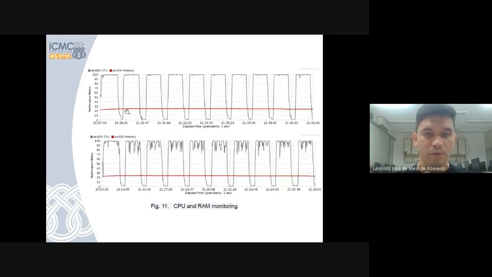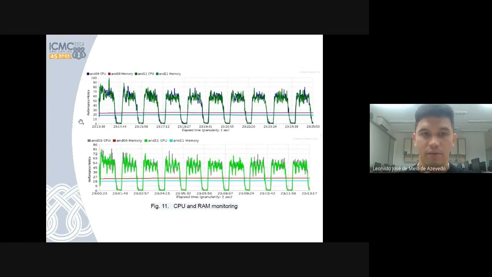This other graph shows the CPU and memory usage. The first one with the RSA algorithm, the second one with HMAC, both with 10,000 requests. We can see that CPU usage was almost 100% in both cases. And again, if I execute the same experiment but with a load balance, this time decreases as well in both algorithms.